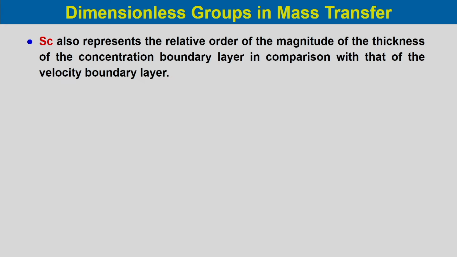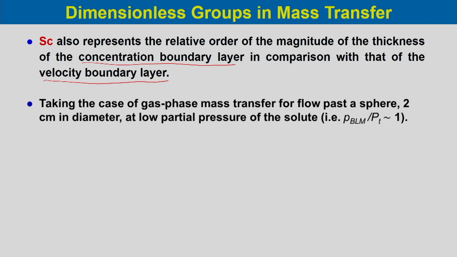Now, the Schmidt number also represents the relative order of magnitude of the thickness of the concentration boundary layer in comparison with that of the velocity boundary layer. Taking the case of gas phase mass transfer for flow past a sphere, if we take 2 centimeter diameter of the sphere and at low partial pressure of the solute, this P B,LM by P T would be approximately equal to 1.